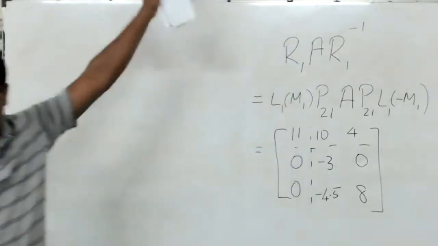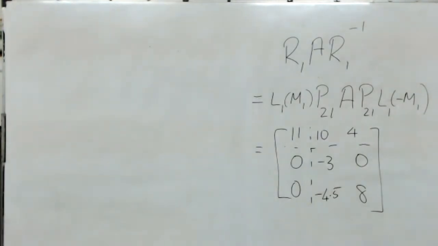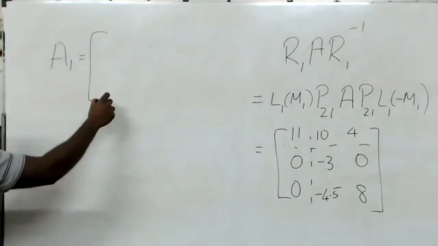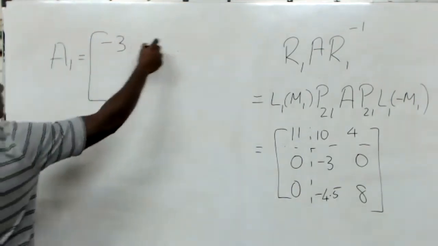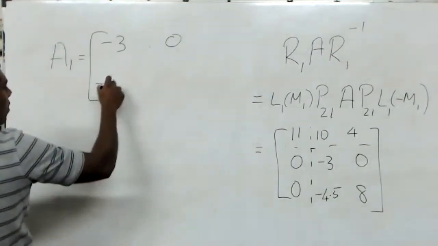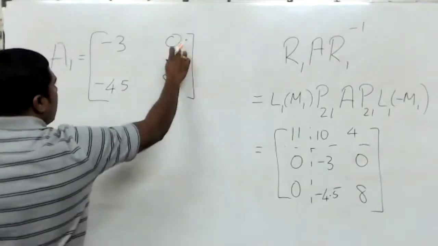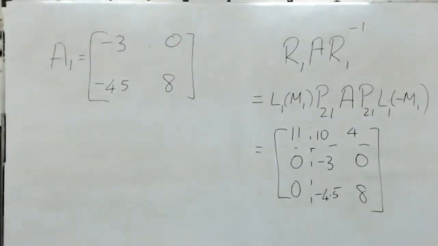This exercise is about the theory part you learned today, while the computational part you learned in the first chapter. It is basically a repetition of what you learned in the first chapter. Your A1 is going to be this matrix: minus 3, 0, minus 4.5 and 8.